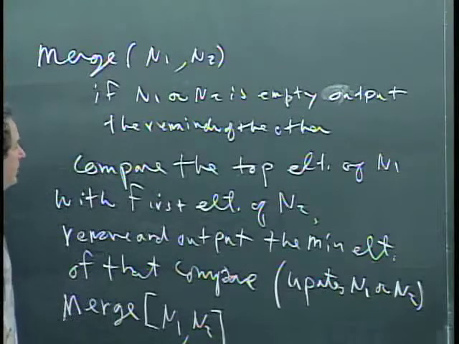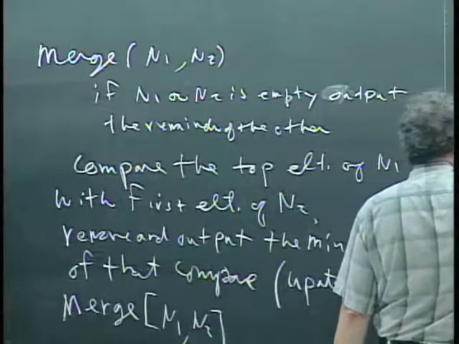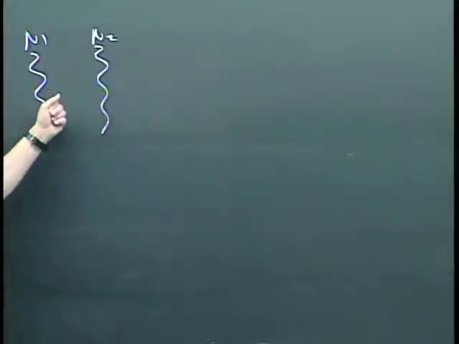Okay, and then last time I gave a little example. Here was N1, and here was N2, and the actual example had numbers, and we output numbers, and so on.